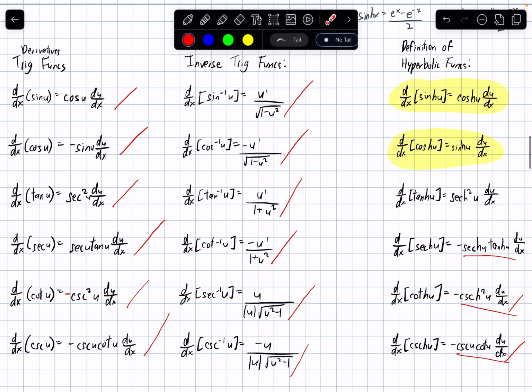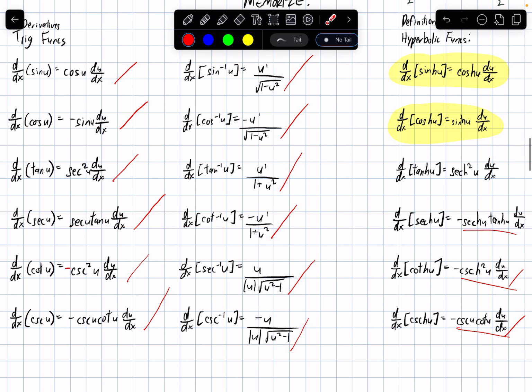So, yeah. Unlike in the derivatives of trig functions, what's only negative are this one, this, and this. But more notably, these two. Okay? So, the derivative of cotangent hu is equal to negative cosecant h squared u. Where do we see that?